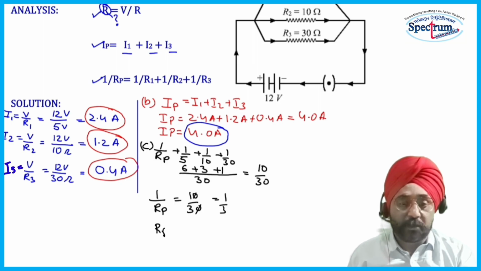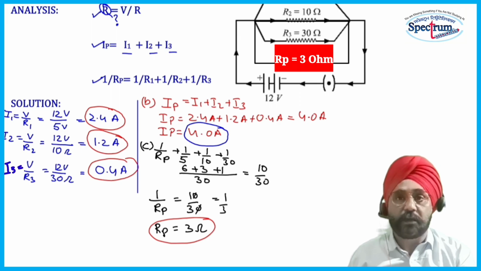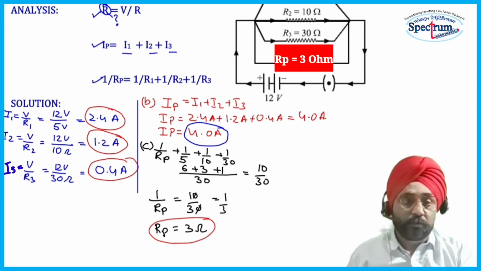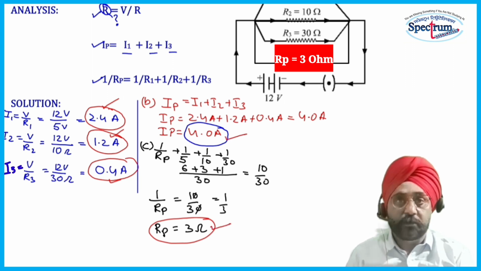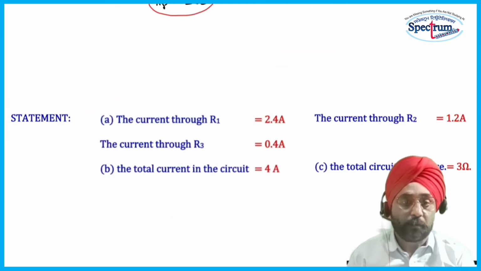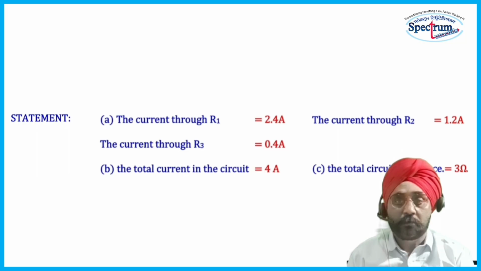Taking the reciprocal, Rp is equal to 3 ohm. Total current in the circuit is 4 ampere and total resistance is 3 ohm. We write this in a statement. Current through R1 is 2.4 ampere. Current through R2 is 1.2 ampere.